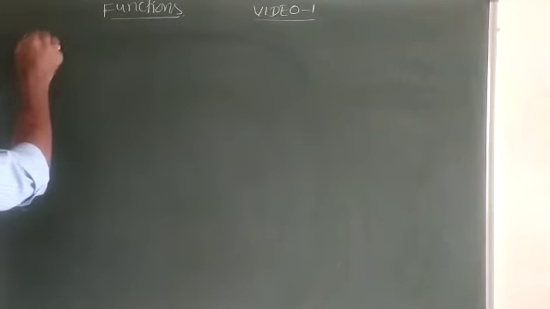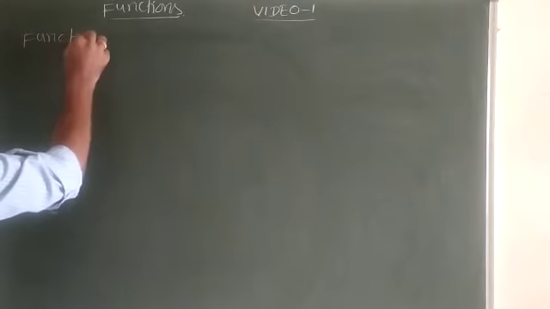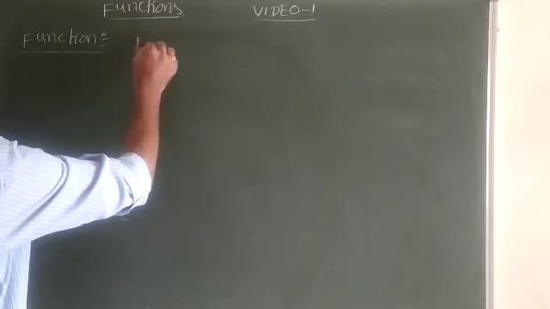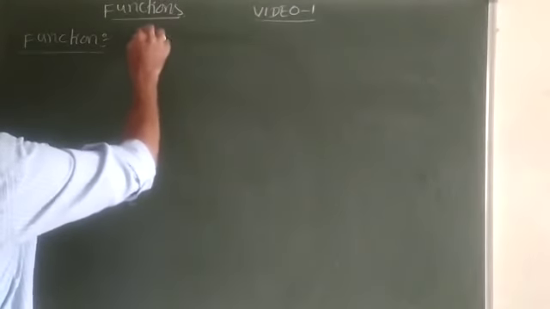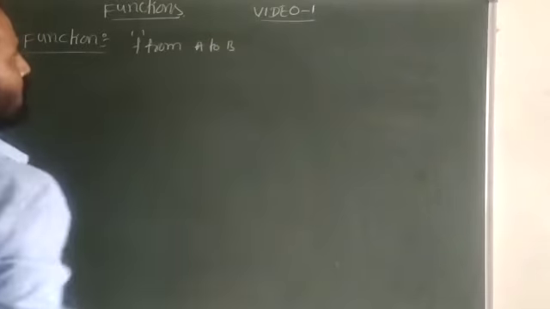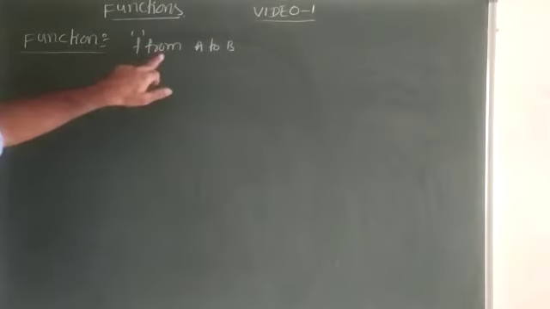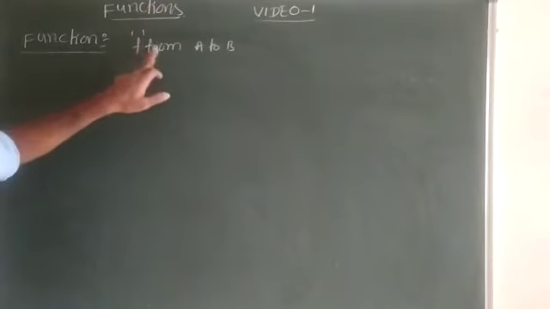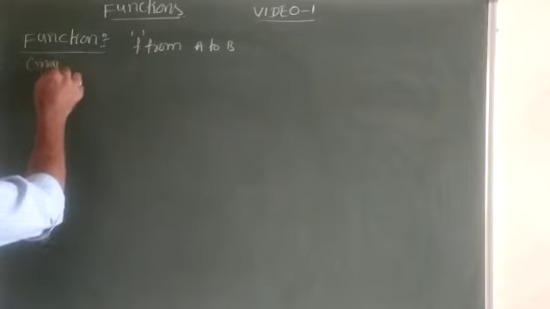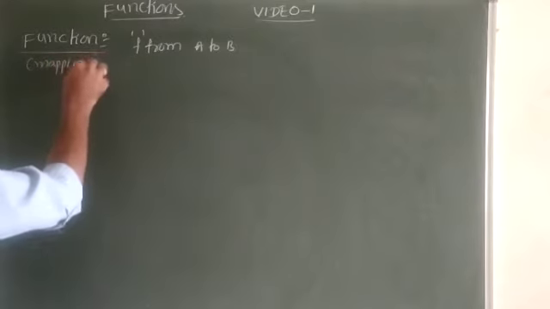Now function. What is a function? A relation f from A to B is said to be a function or mapping. Function anna avachchu or mapping anna avachchu.